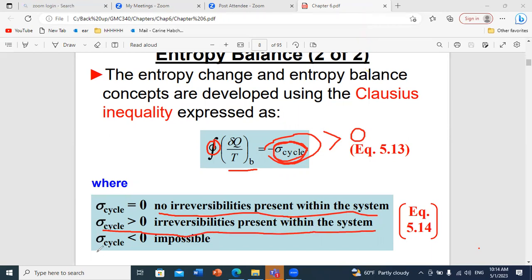And if you get a negative result, you say it's impossible to have this cycle. So this is why we say that the second law of thermodynamics can help us to know if a process is possible or not. Because if they gave us numbers and we want to judge if it's possible to have the cycle or not, we can calculate the integral over the cycle of del Q over T. If we get a negative result, we say this cycle cannot take place.